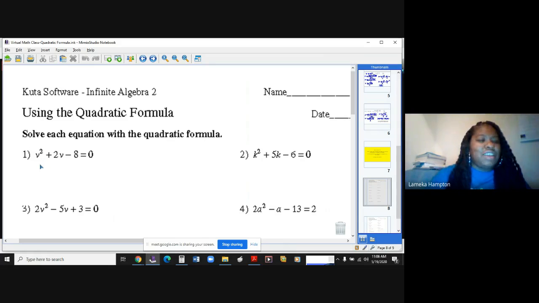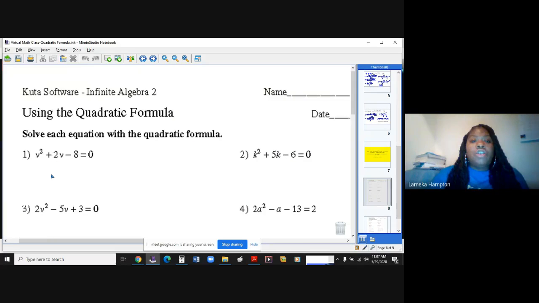So in essence, I want to use the FOIL backwards method, where we find the factors of the third term and then add those same numbers to find the sum of the second term. And so that way, I think it will be less work.